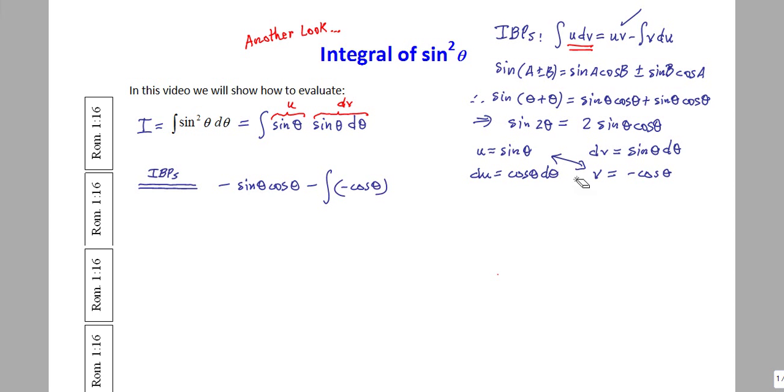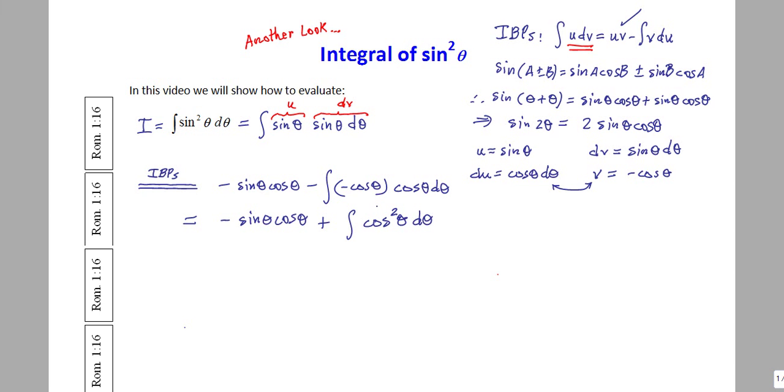So that's the product of these two guys. Minus cos theta times cos theta d theta. That's going to equal minus sine theta cos theta. Minus times minus is a plus. Integral of cos squared theta d theta.